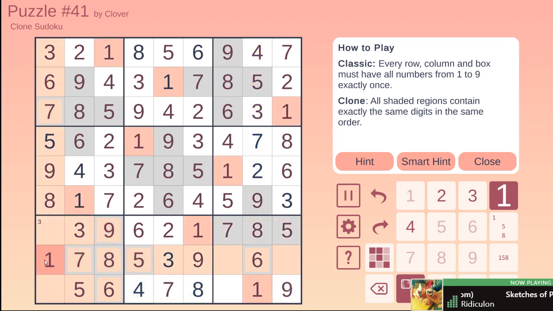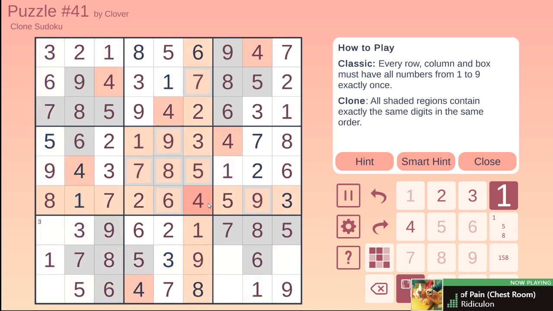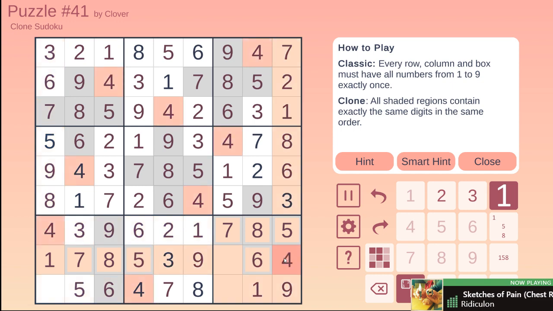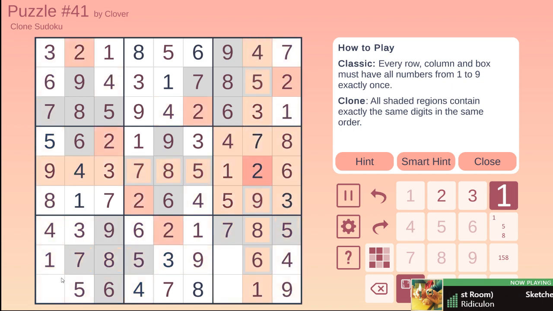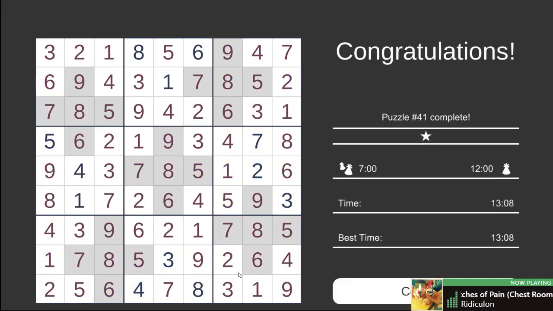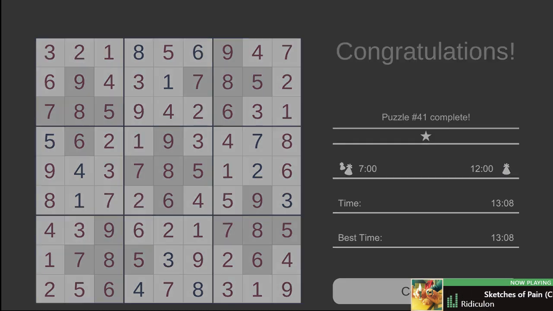This is a 1. Where are the 4s? 4 here. 4 here. There's a 2 here, a 2 here, a 3 here. There we go. 13. That's almost to their party hat. That's pretty good.